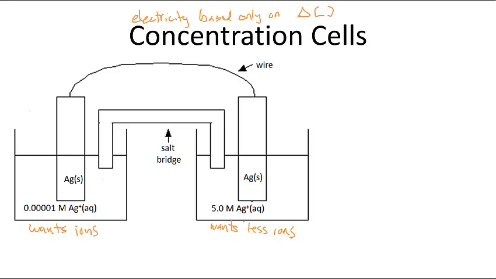So, if you think about it, one of them, the one that wants ions, is going to do this. And the one that doesn't want ions is going to do this. So these two reactions are going to happen. Is this oxidation or reduction? I'm hammering this home.